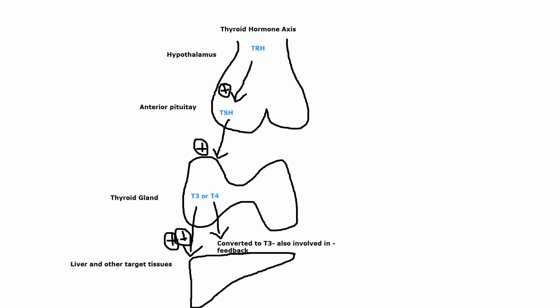Okay, so T3 is really absorbed by tissues, and these are going to be things like the liver, so the kidneys, liver, and then peripheral cells.